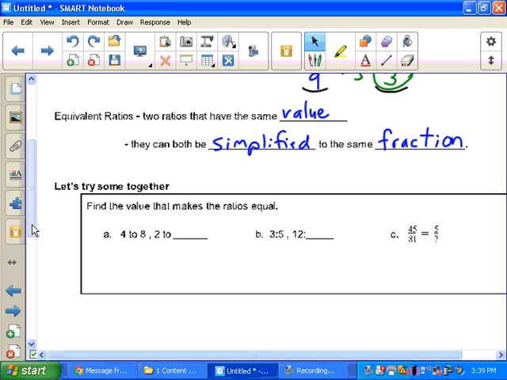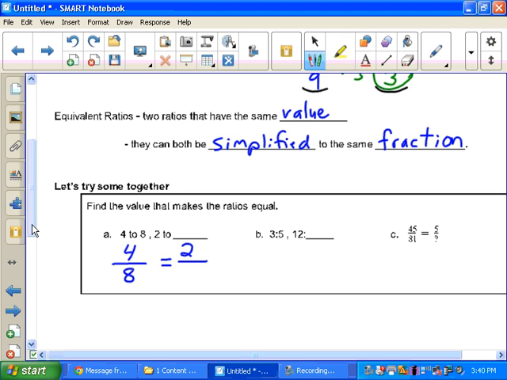It says find the value that makes the ratios equal. It's easiest to deal with ratios when they're written in fraction form. So the first thing I'm going to do is rewrite 4 to 8 as a fraction. 4/8. And I want to know what it's equal to as 2 over something else.